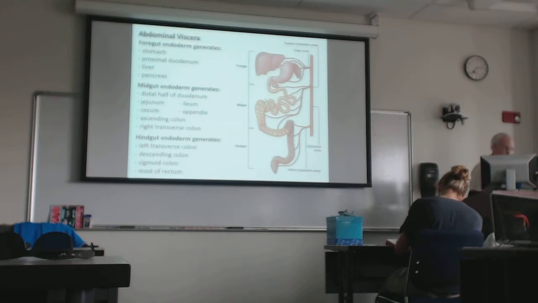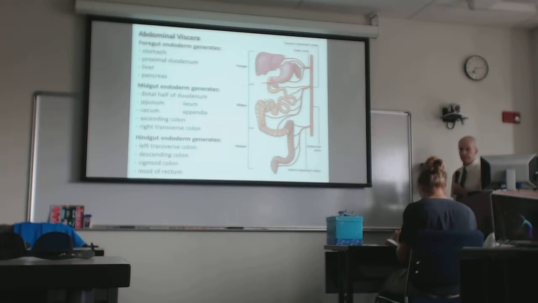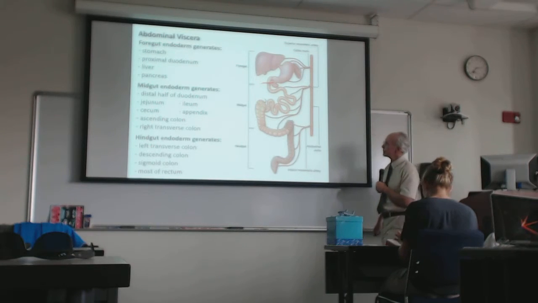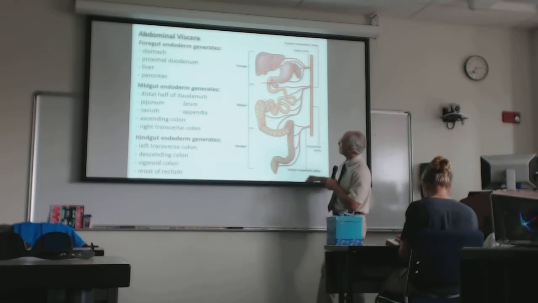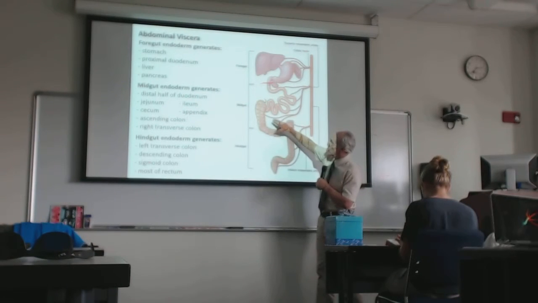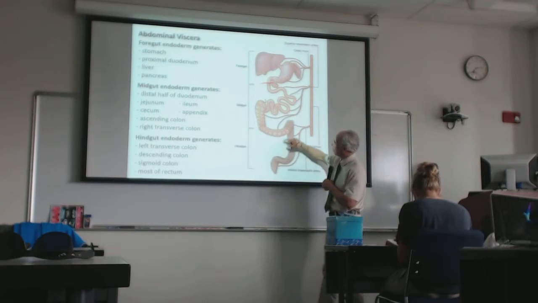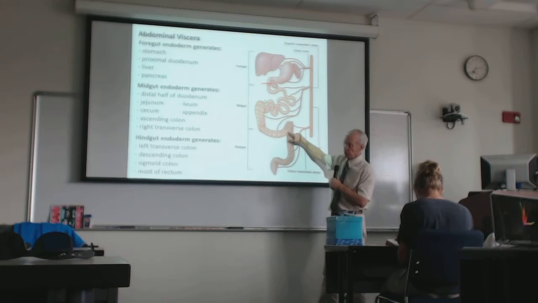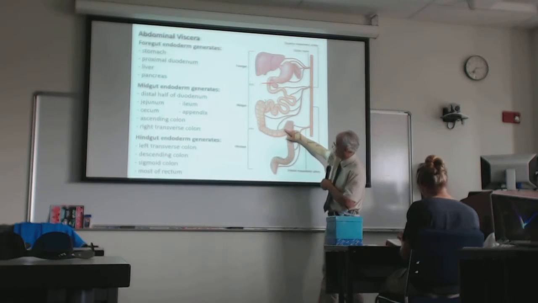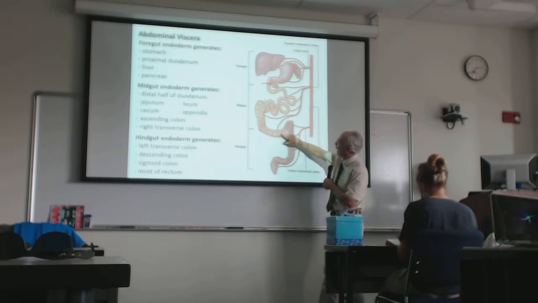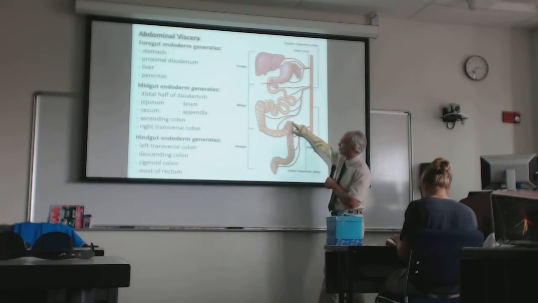Now, the point of division, at least at the moment, between the foregut and the midgut is going to be about a third to halfway along the duodenum. And then the division between the midgut and the hindgut is apparently highly variable, because I've rarely seen two textbooks offer the same description, but this is going to be somewhere between one half to the entire length of the transverse colon.